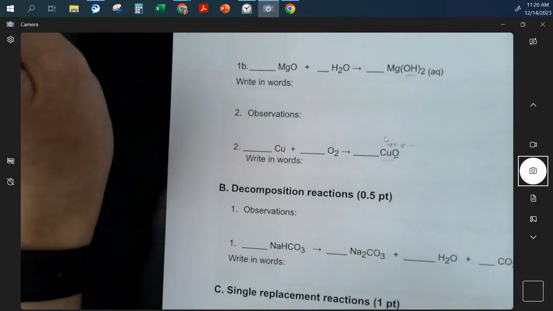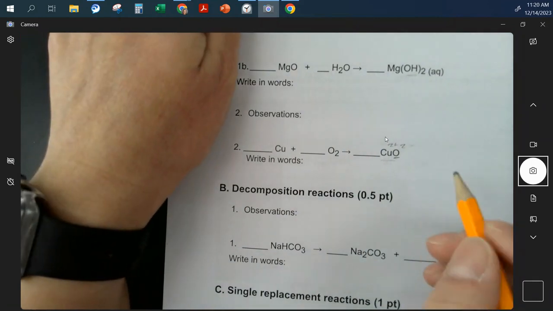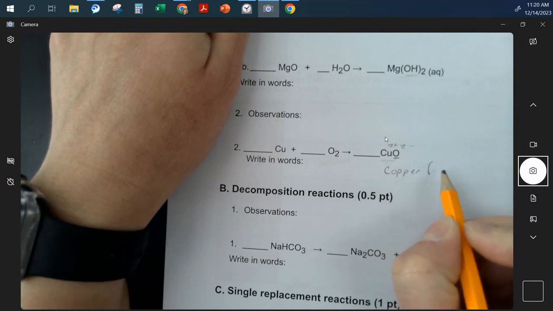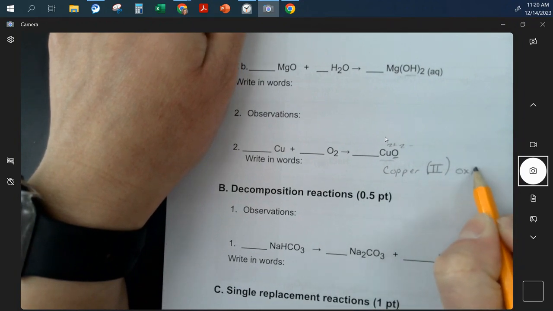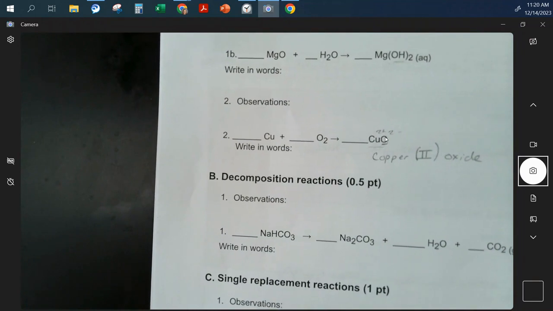We don't use prefixes in inorganic. This would be copper, and we need the Roman numeral. If it's a transition metal, we need the Roman numeral. Copper(II) oxide. Okay. Does that make sense?